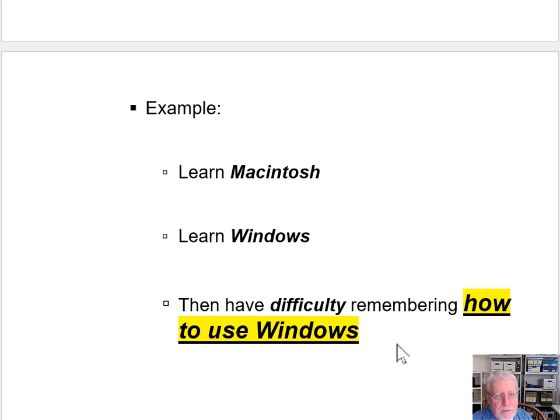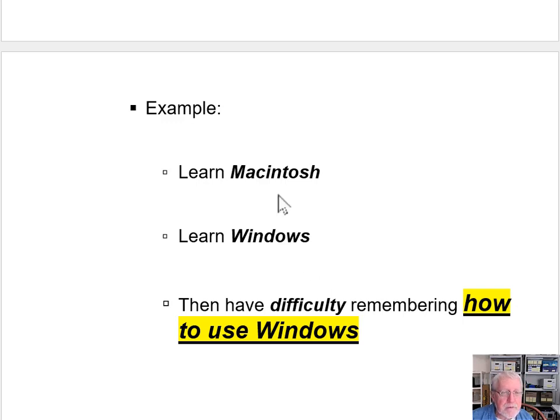telling the computer, I want to print this document and I want to print it using the printer in such and such room. I knew how to do all this with a Macintosh, but I had great difficulty remembering how to do it with Windows because everything that I had learned with respect to the Macintosh was getting in the way of me retrieving how to perform that same task using a Windows computer.